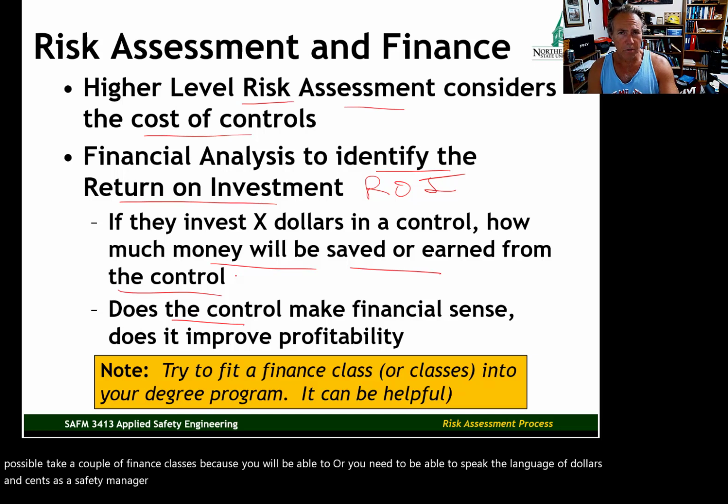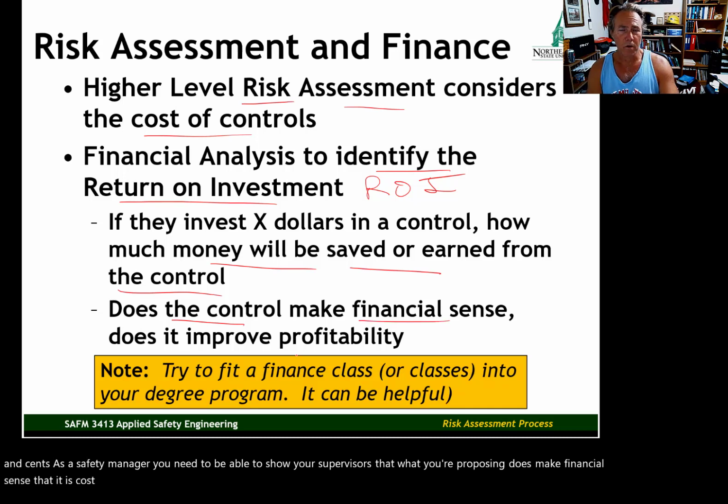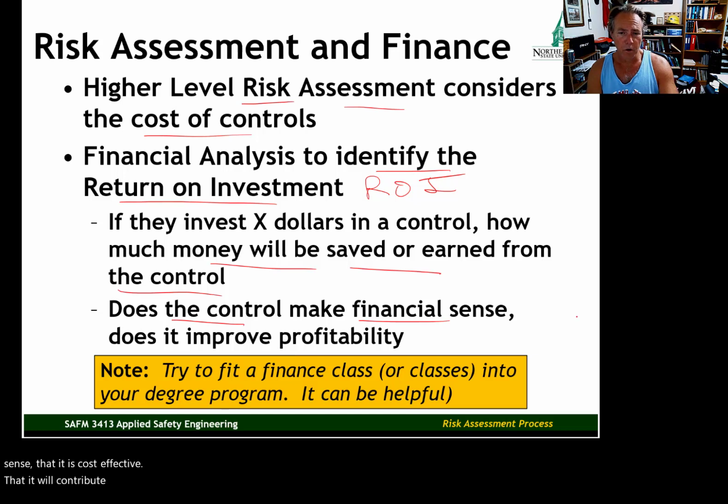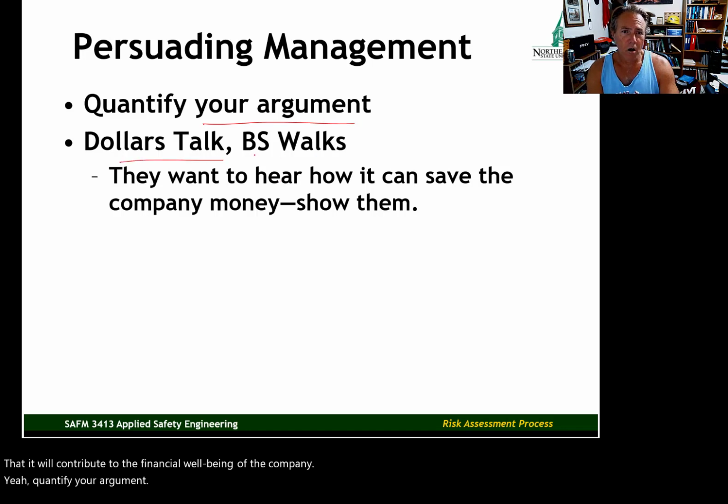You need to be able to show your supervisors that what you're proposing does make financial sense, that it is cost effective, that it will contribute to the financial well-being of the company. Quantify your argument. Dollars talk, BS walks. They want to hear how what you're doing can save the company money. Show them.